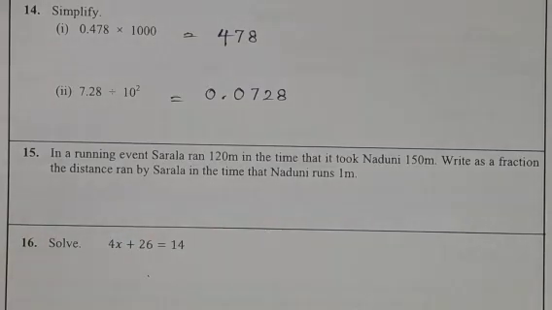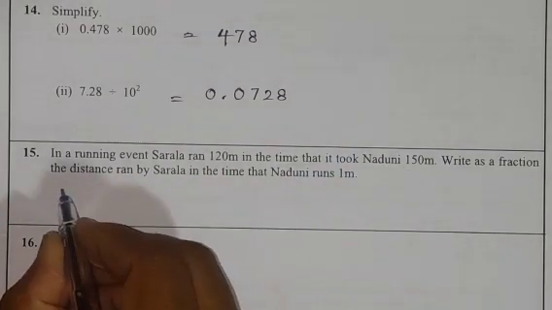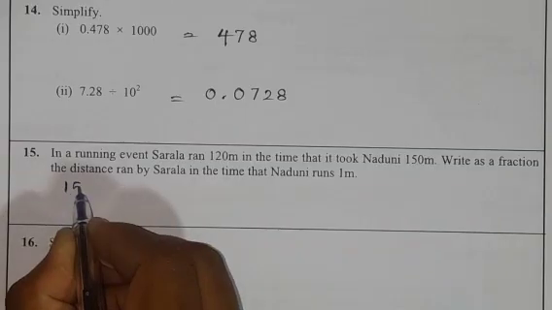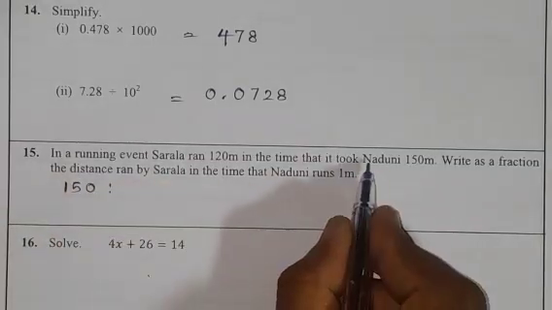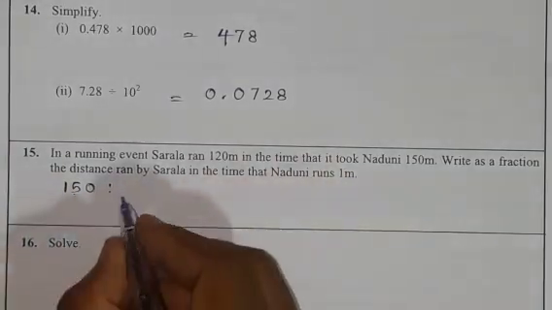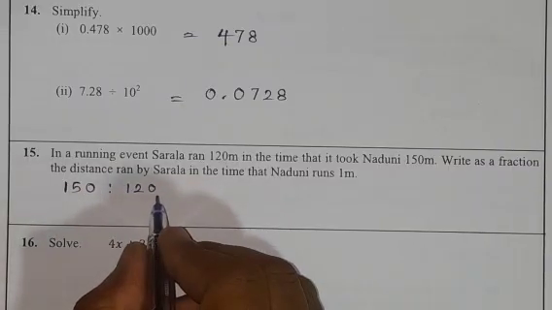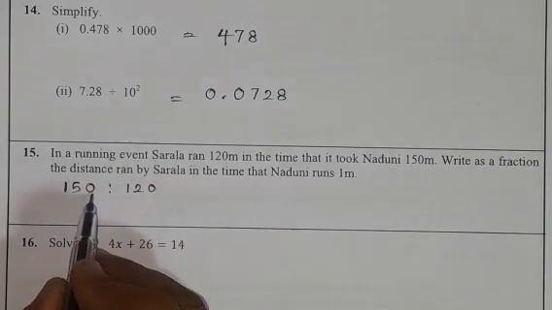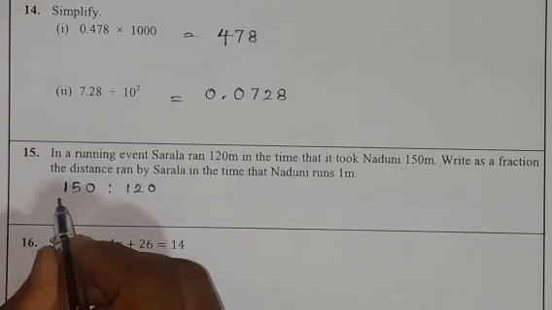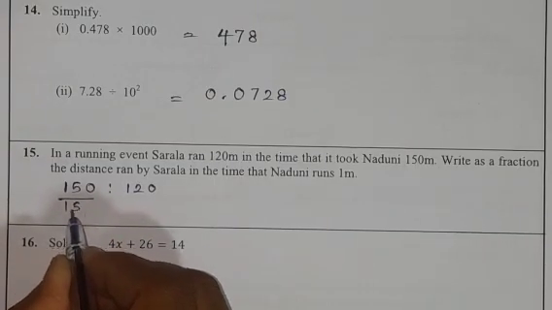First we can write it as a ratio. Naduni runs 150 meters. Then Sarala runs 120 meters. Then to make it 1 meter, we want to divide this by 150.